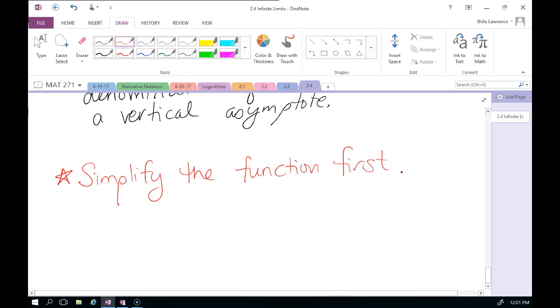That will remove all of those factors that were fixable, where we do have limits.